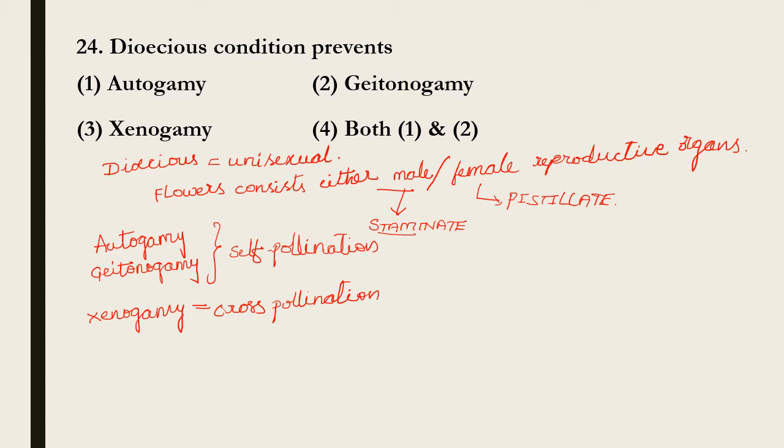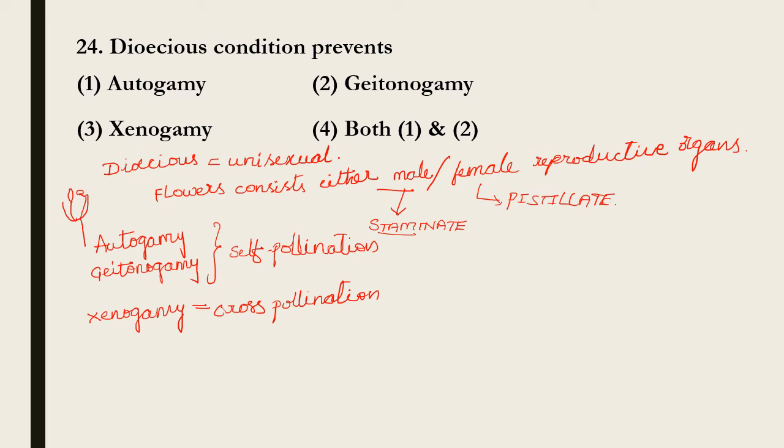So what is meant by autogamy? Suppose we have a bisexual flower. In this bisexual flower, there is an anther and a stigma.